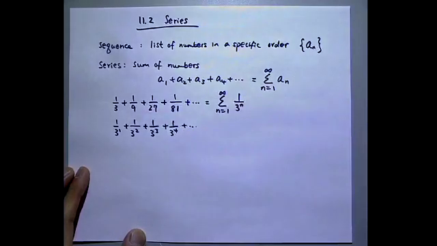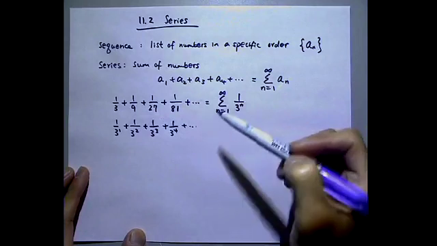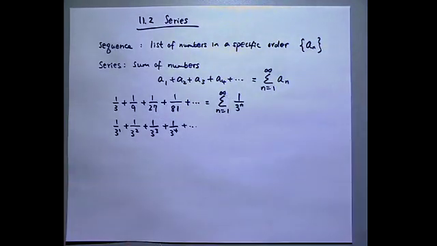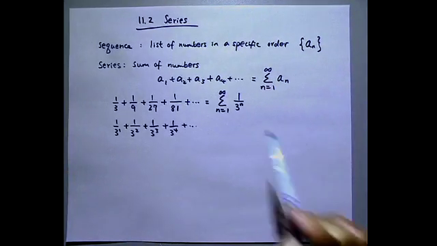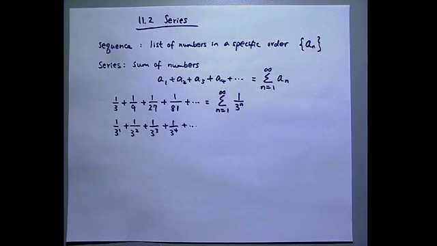Then I move on to n equal to 3, 1 over 3 cubed, n equal to 4, and so on. And I never end that. I just keep going. Okay, does that make sense how this thing came out? Like I say, you look for a pattern and then you make a condensed form.